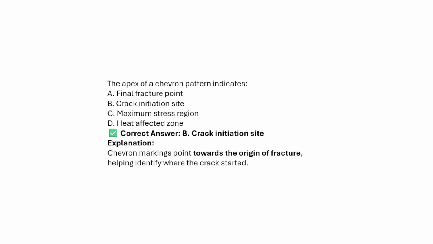Where is the crack initiation site, maximum stress region: A, weld metal; B, heat affected zone. The answer will be B. It is the crack initiation site, as the chevron markings point towards the origin of the fracture, which helps to identify where the crack started. Okay, it will propagate into the weld bead.